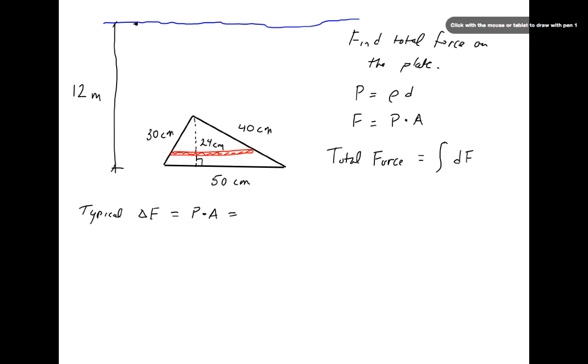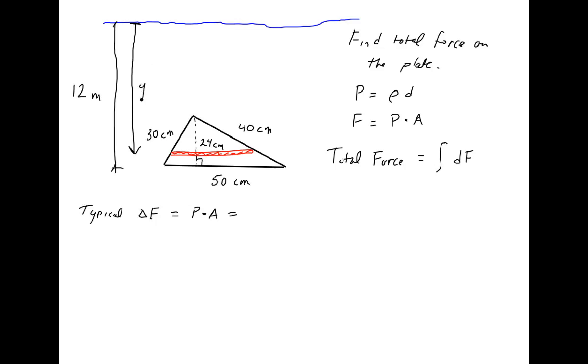So we're going to make the frame of reference down to the typical strip from the top of the water, and we'll call that X, or we could call this Y and have X be a horizontal coordinate. So you've got choices here. So let's just go ahead and do that.